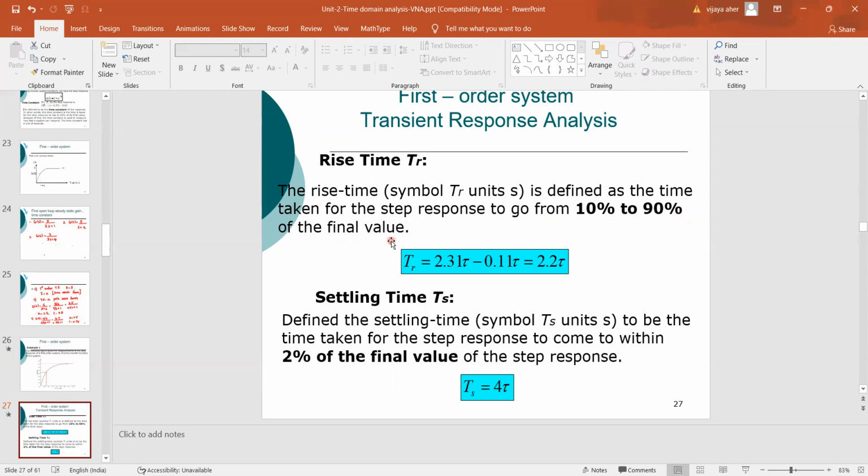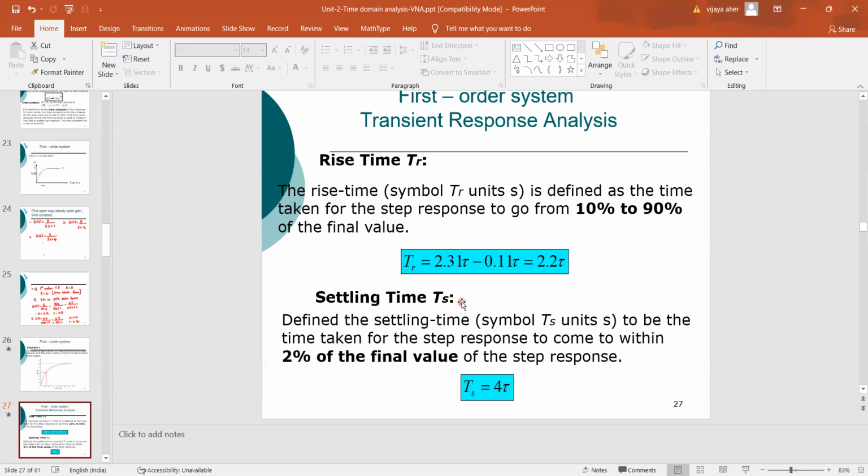So students, please write the definition of rise time. The unit for rise time is second. The equation for rise time is equal to 2.31 tau minus 0.11 tau, which is equal to 2.2 tau. Write this equation.